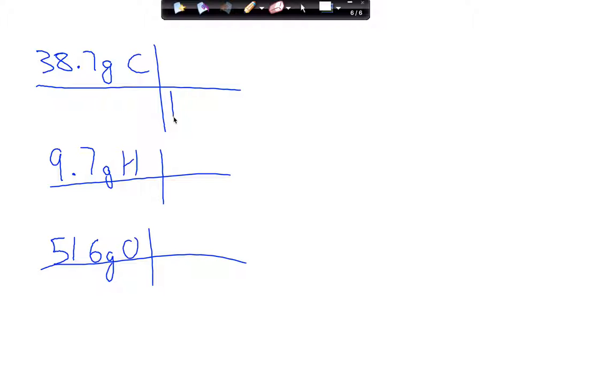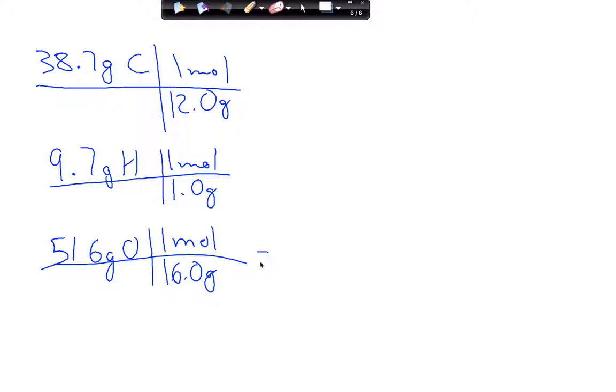Okay, so guys, the first thing we need to do is convert those to moles. So this is 12.0 grams is 1 mole. This is 1.0 grams is 1 mole. And this is 16.0 grams is 1 mole. And now we need to do the math. So 3.23.